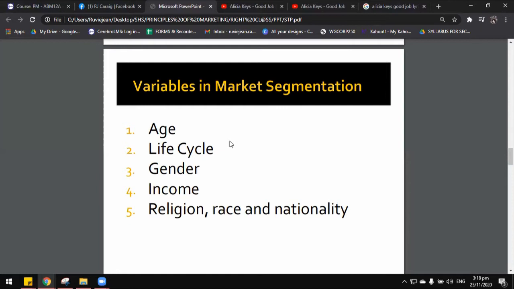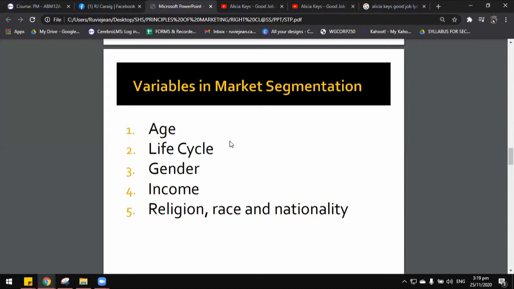Age, yan yung isa. Kapag naman yung mga lola tsaka lolo natin, ayaw nila ng mga phone na sobrang high-tech. Gusto nila yung text call lang, 'di ba? Sometimes yun lang yung gusto nila kasi hindi sila sanay doon sa masyadong high-tech na cellphone. So that's the first one, which is age.